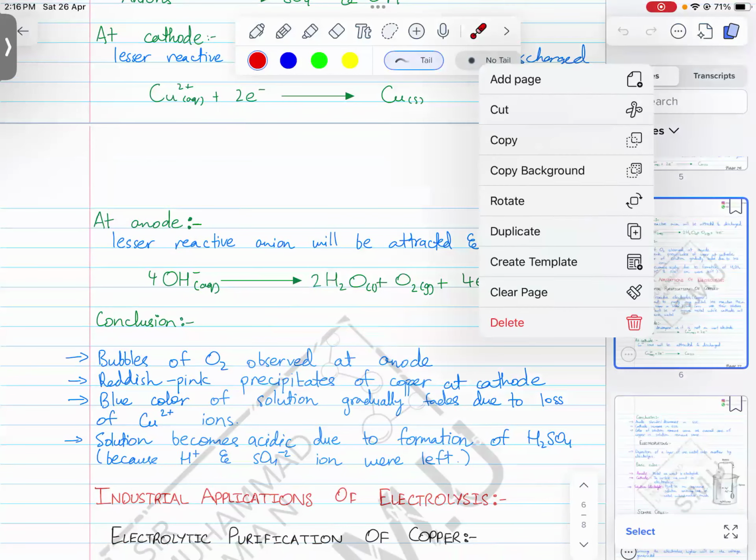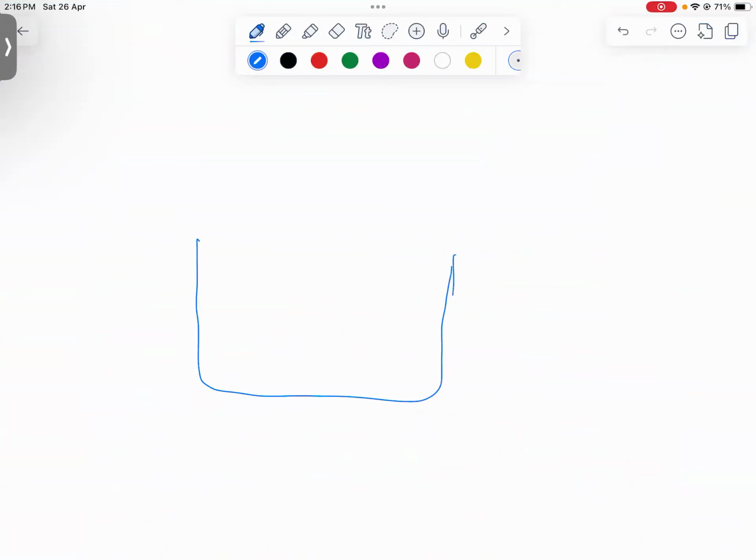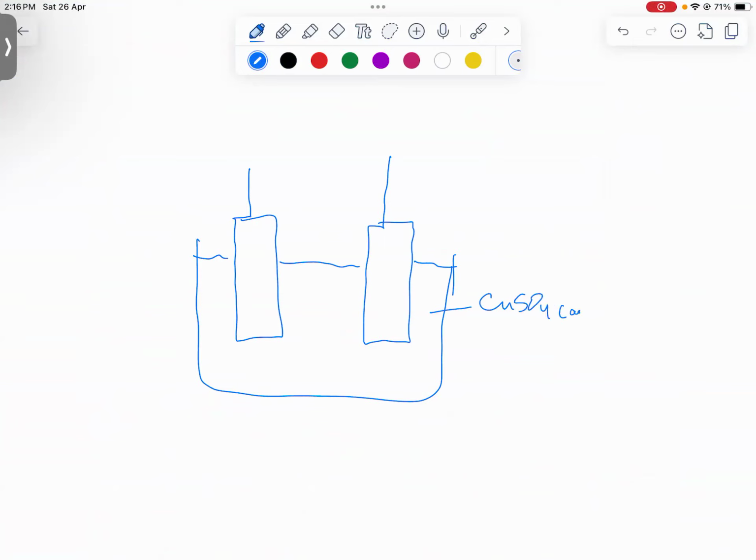But the thing is, look, I'll just make a new page and show you. Let's suppose here's the solution, and the solution contains a graphite anode and a graphite cathode, and it contains a solution of CuSO4 aqueous. We know that it is going to be connected to the battery at the top.